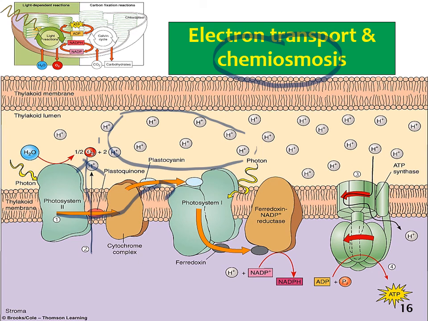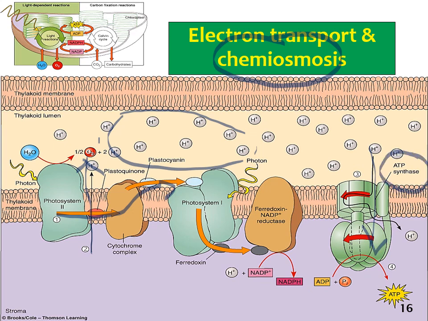So the protons will diffuse back, because the proton motive force was built as a proton gradient across the membrane. The concentration of protons in the thylakoid lumen is very high compared to the stroma. So protons will diffuse back across the membrane through the enzyme ATP synthase.